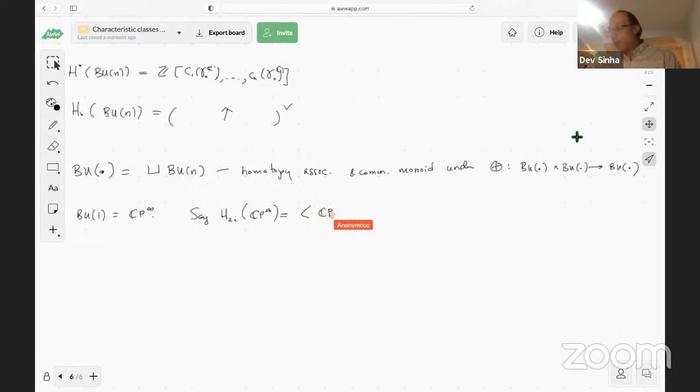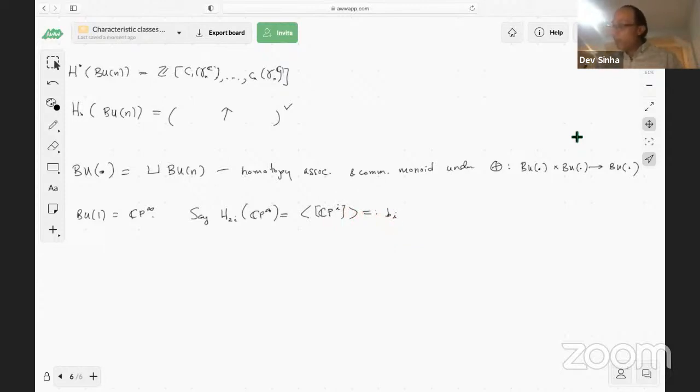If CP infinity is the colimit of the CP^i, then CP^i sits in there as an element of that colimit, and its fundamental class gives a homology class in CP^i and every other higher CP^i. And so I'm going to call this class b_i in degree 2i.